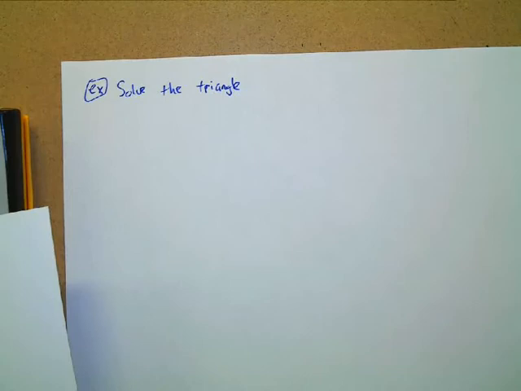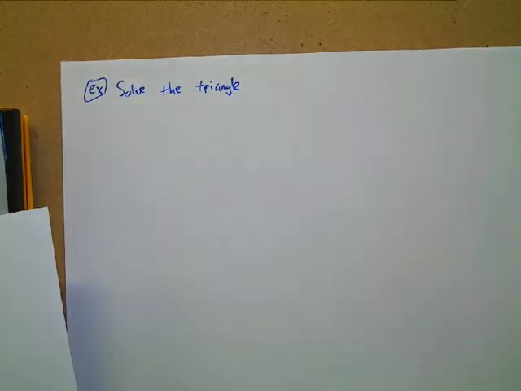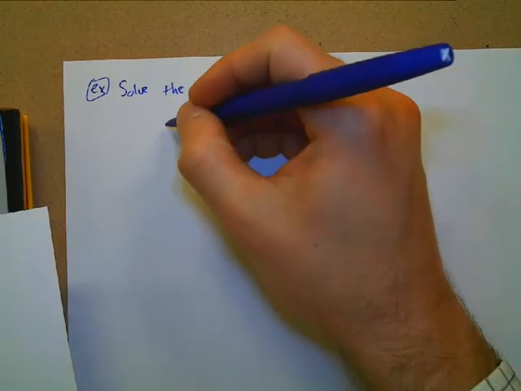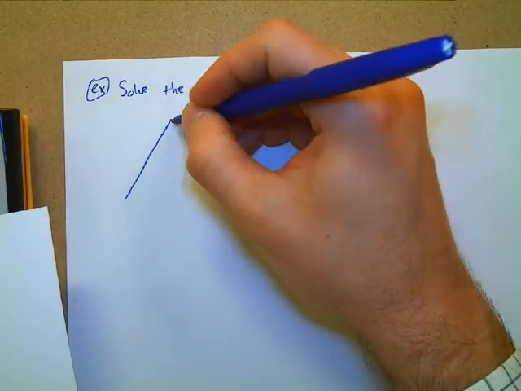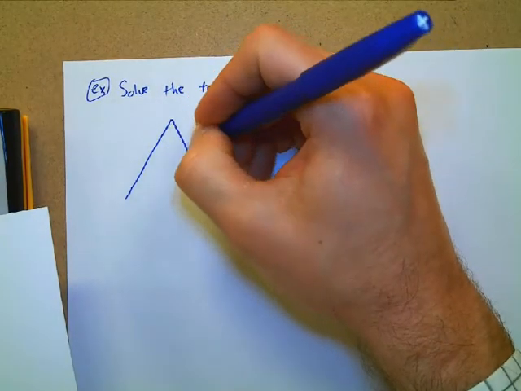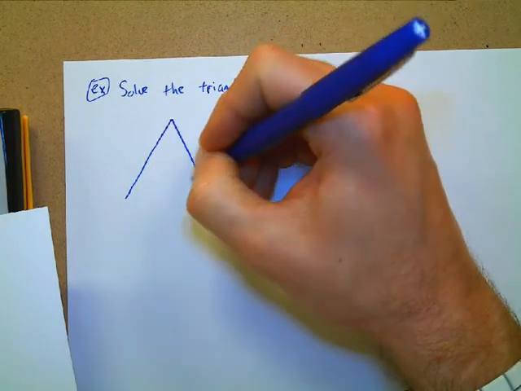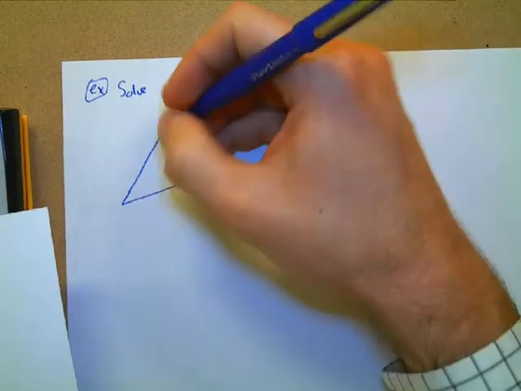I apologize. 32 degrees here, 28 degrees here. All right, and then 25, and we'll say feet here, just throwing in some units. Why not? Okay, that is not drawn to scale. Ah, well.